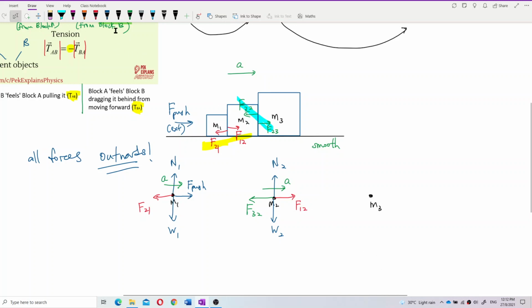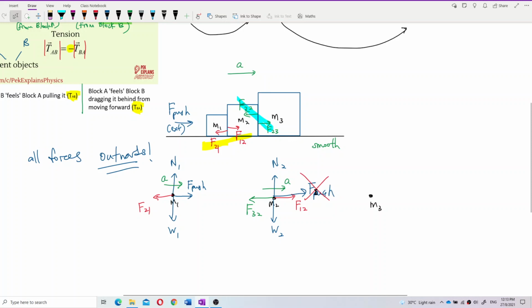I just don't want you to label the pushing force over here, which is wrong. You may think the pushing force pushes the whole system and put it here also, which is wrong. The pushing force is only on mass 1, and then the pushing force is passed down as F12 to mass 2, and then F23 to mass 3.